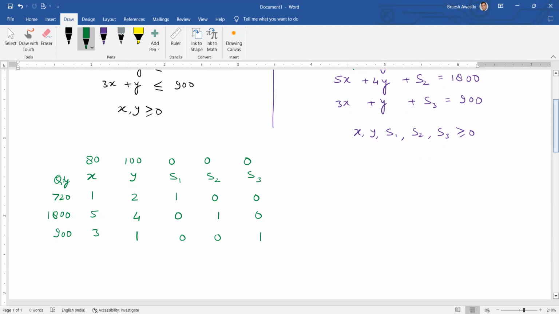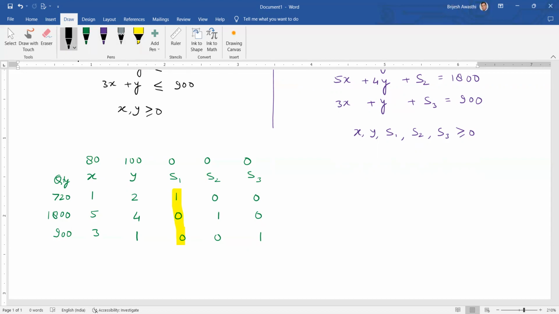Now what we will do, we are looking for a single one and double zero. Yes or no? So single one and double zero is in this column, right? And just above it, what is the variable? That is S1, and above it the cost is 0.